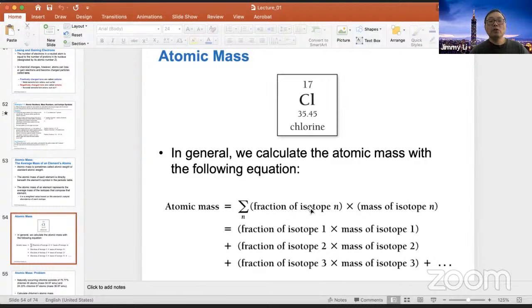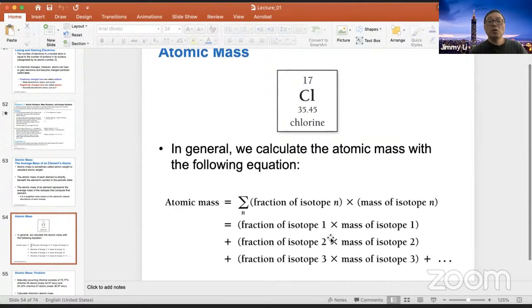The atomic mass of an element is equal to the fraction of the first isotope times the mass of the first isotope, plus the fraction of the second isotope times the mass of the second isotope, plus the fraction of the third isotope times the mass of the third isotope, and plus the fraction of isotope 4 times the mass of isotope 4. If you have more isotopes, keep adding.